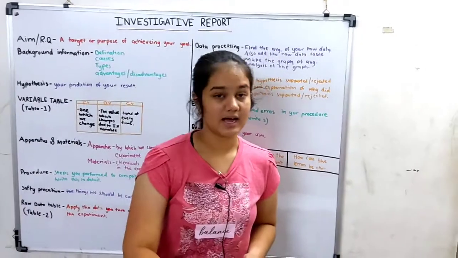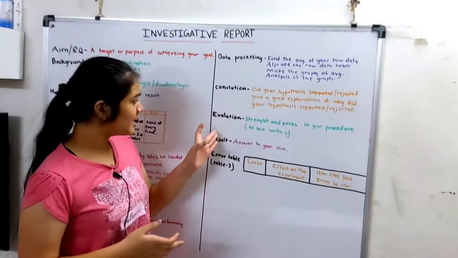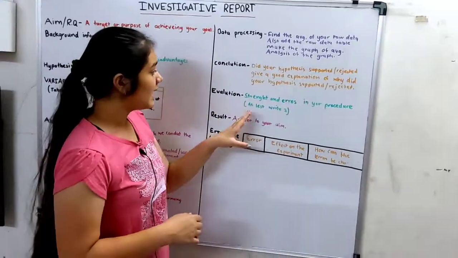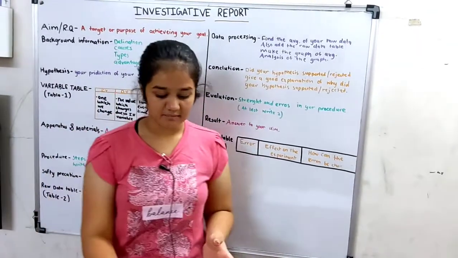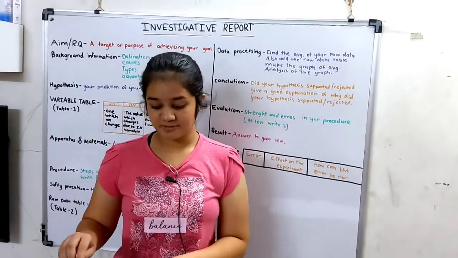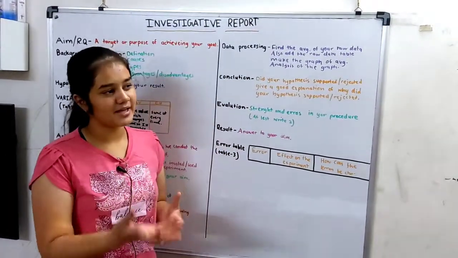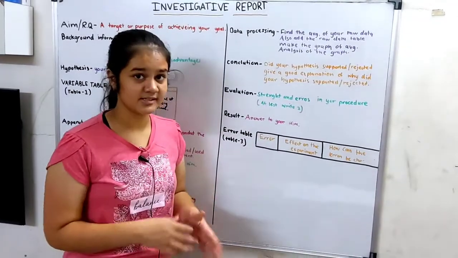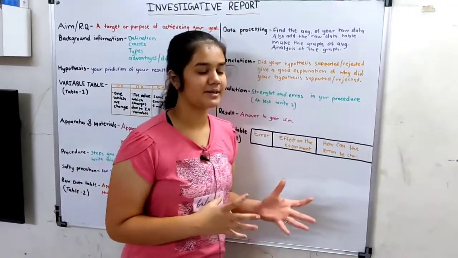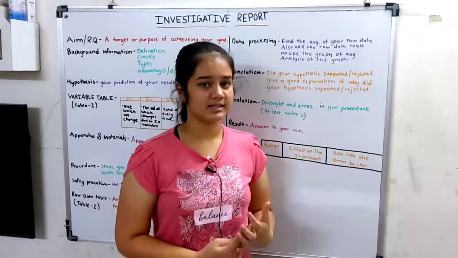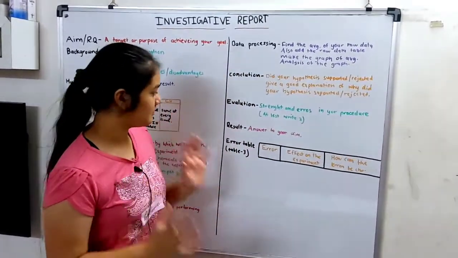So basically my strength was that I used that sugar, not this sugar. And the error which I made was that the stirring speed was not constant each time. So there are some errors which I made and some strengths which made my experiment stronger. So you list them down. At least write 3 errors and 3 strengths for complete information.